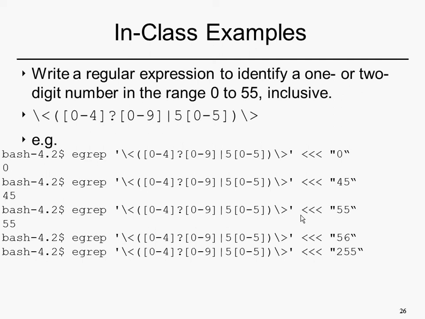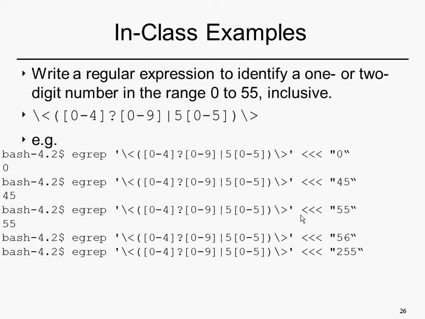Okay, so help me understand what's going on here, folks. So what is the job of this thing on the left here? Good. And to do that, it needs to match things that are either one digit or two digits, right?